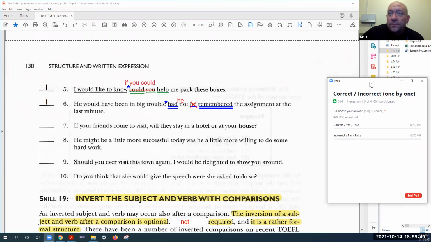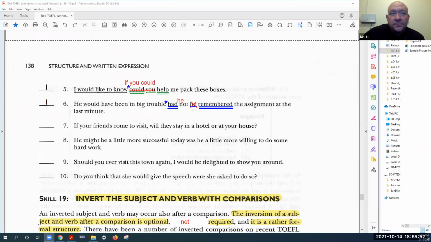Let's see if maybe we can get the next one 100%. Go. Ten seconds, guys. 5, 4, is there a trick in this question? 2.